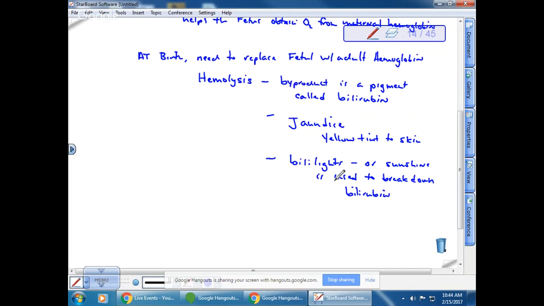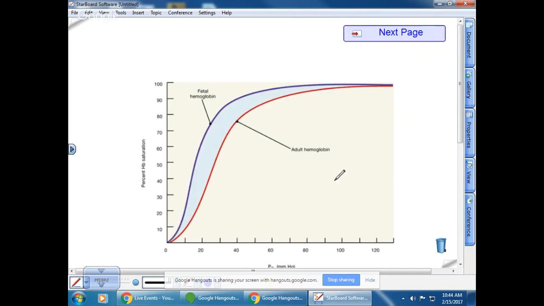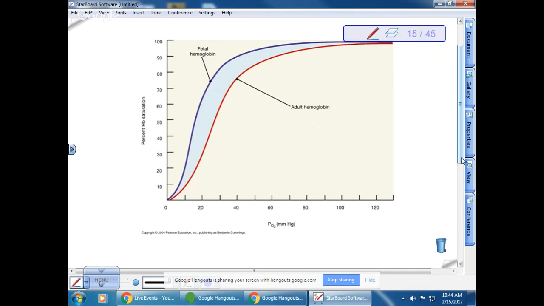Okay, so if we look at the difference between saturation of hemoglobin and oxygen. If we look at the adults and we look at this graph, this is oxygen concentration. So at 20%, the adult hemoglobin is going to start to release oxygen from the hemoglobin molecule.